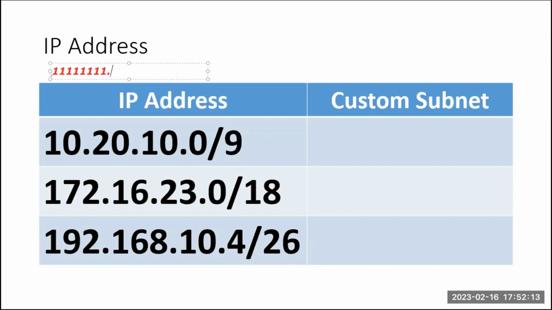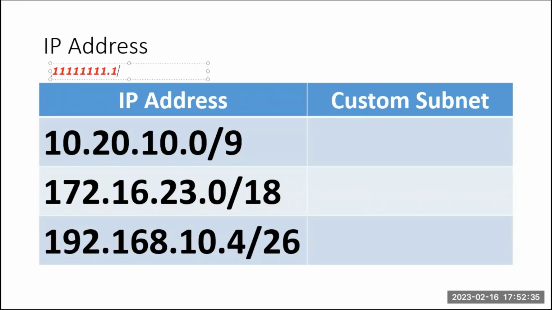The other one to make the 9 goes in the second octet. So the first octet is filled with pure ones, and the second starts with a 1. There is our 9, and the remaining values will be 0.